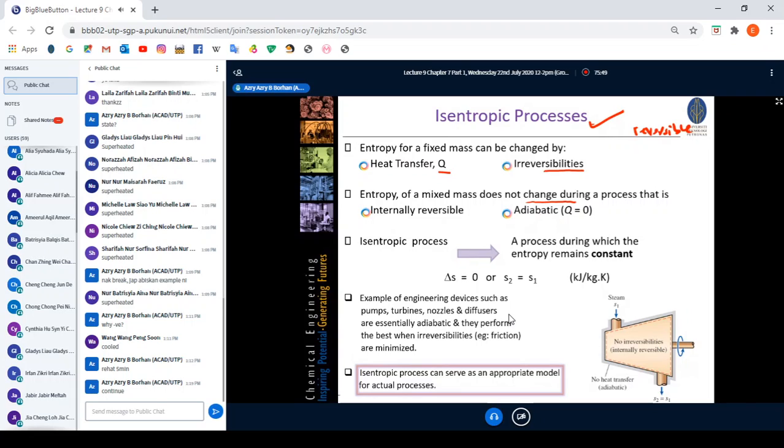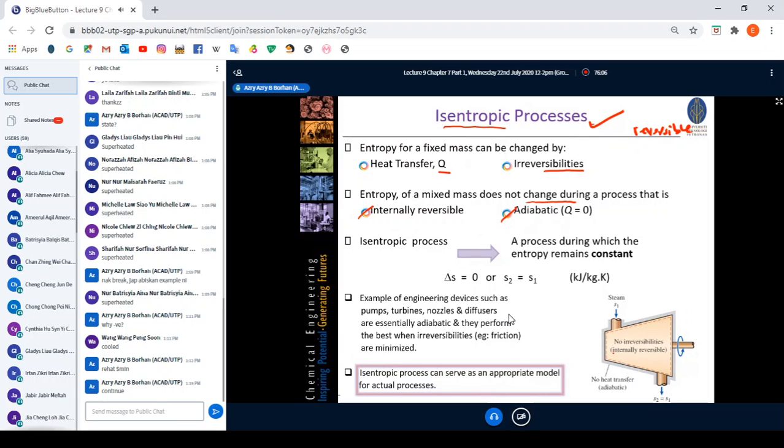So again, guys, in order to have an isentropic process, you need to satisfy these two conditions. You must have internally reversible and adiabatic. Okay, let's have a look at this example.